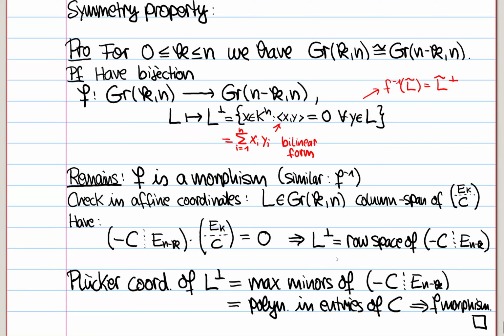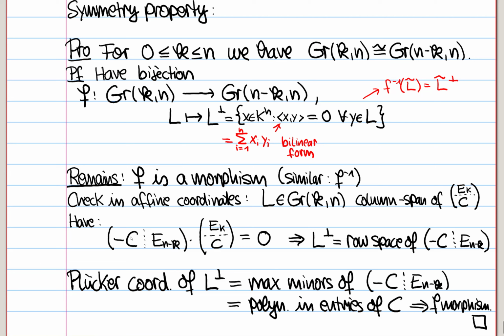And from this, you can check with some linear algebra that indeed L perp is exactly the row space of this matrix here, because you can just see that this has full rank n minus k.